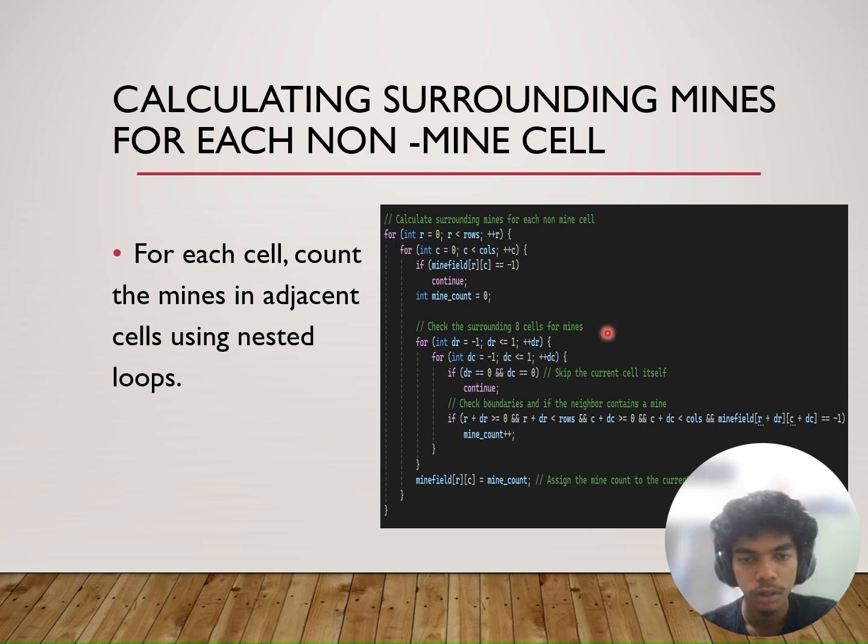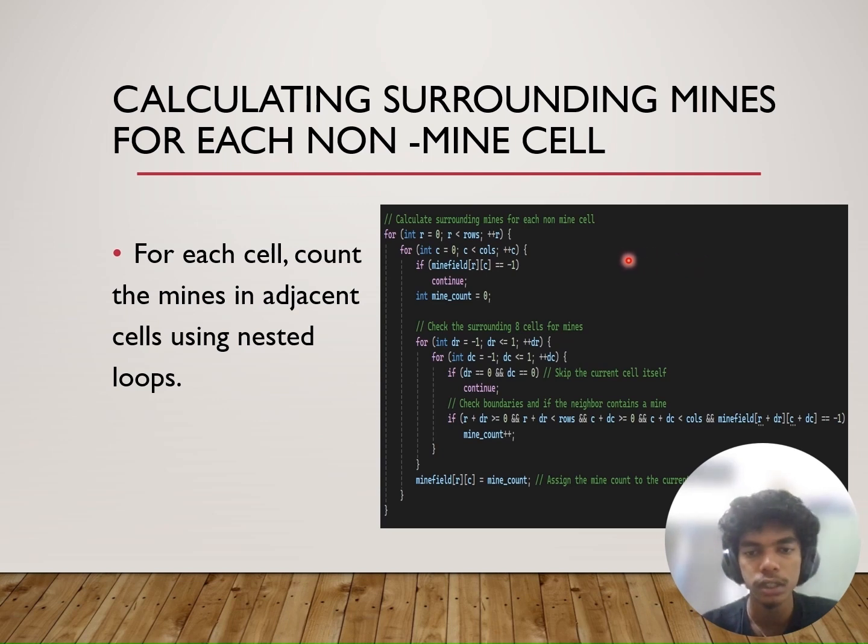Dr is for traversing through the rows and dc for traversing through the columns. And all of this is taken with respect to the one cell about which we are calculating. So a neighboring cell could be represented as r plus dr, c plus dc as the coordinates, because let's assume r comma c is here, so r comma c plus 1 would be here and r comma c minus 1 would be here.